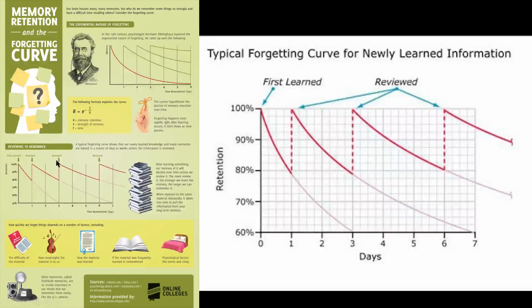Then if you did another review, it would be 3 more days. So the more times that you review the information and bring it up to 100% level, the longer you will remember it for.